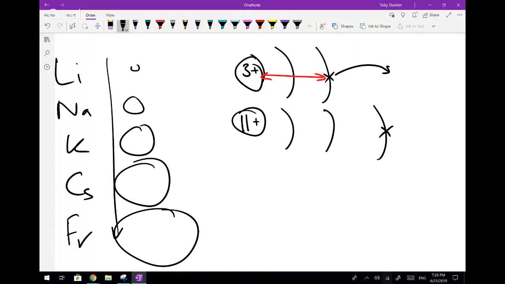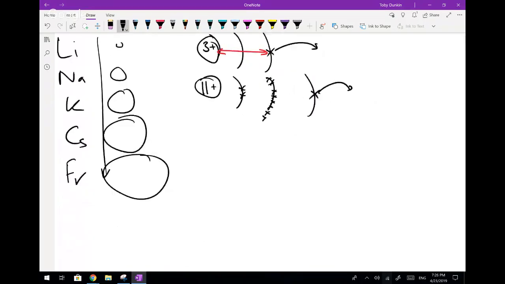And the answer is no. The reason is we've got electrons underneath pushing that electron away. Even with the additional protons, there is shielding from the nucleus by the electrons underneath: I've got 2 electrons there and 8 electrons. These electrons shield against that attraction, so this is now going to be much easier to lose. So we pick up a trend.